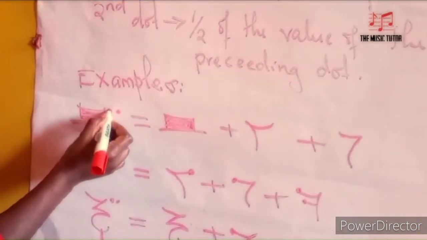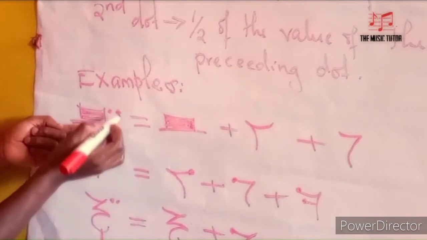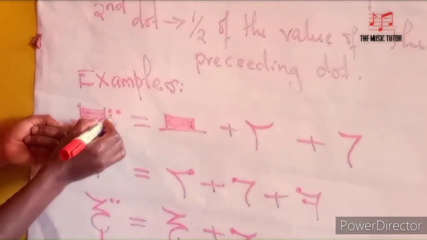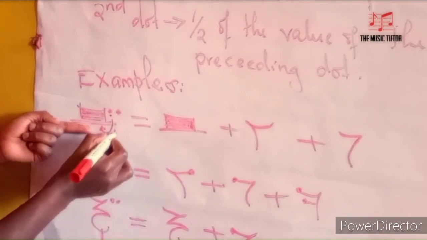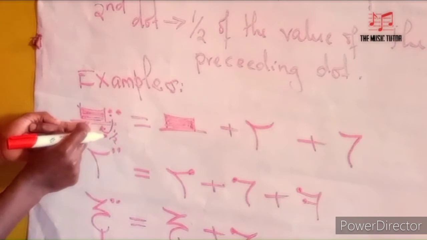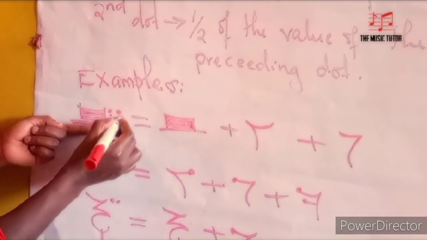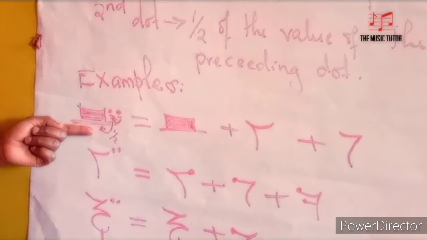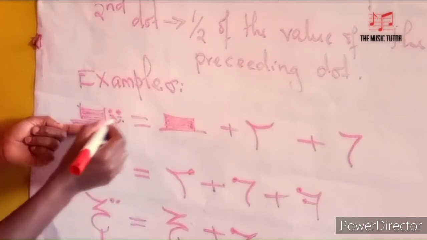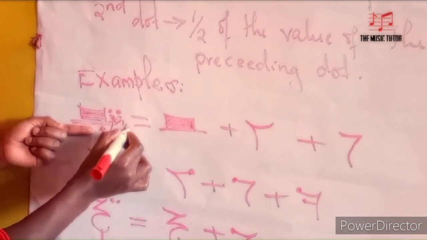We have double dotted it. So this first dot will have half the value of the minim, and this second dot will carry half the value of this dot.